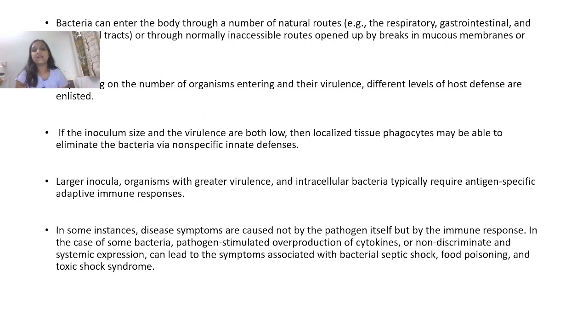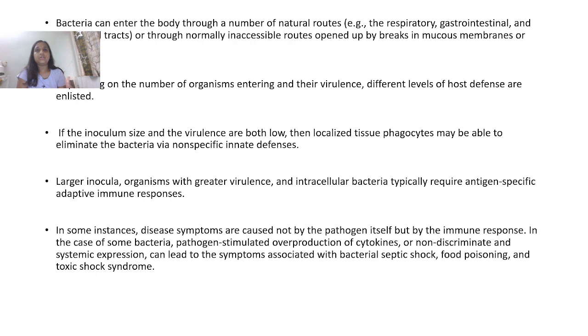So it can enter our body through a number of routes. For example, it can enter through our respiratory system, through our gastrointestinal system, through our urogenital tracts also. Or they can get access through breaks in our membranes or the skin. I have told you previously also, whenever there is a break in our skin, that is the most vulnerable spot where a pathogen can enter our body.